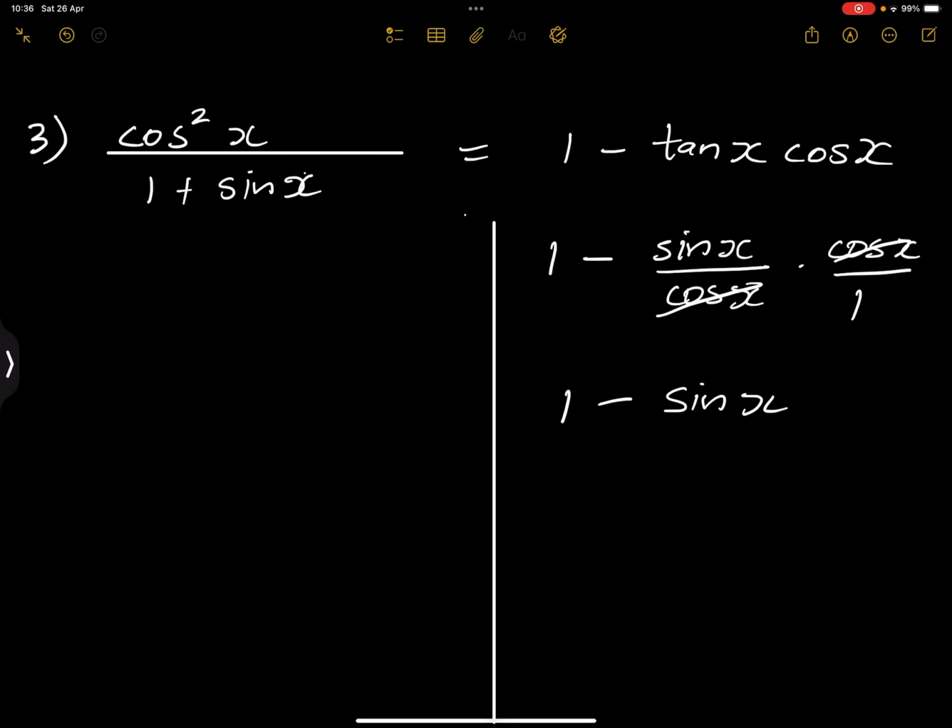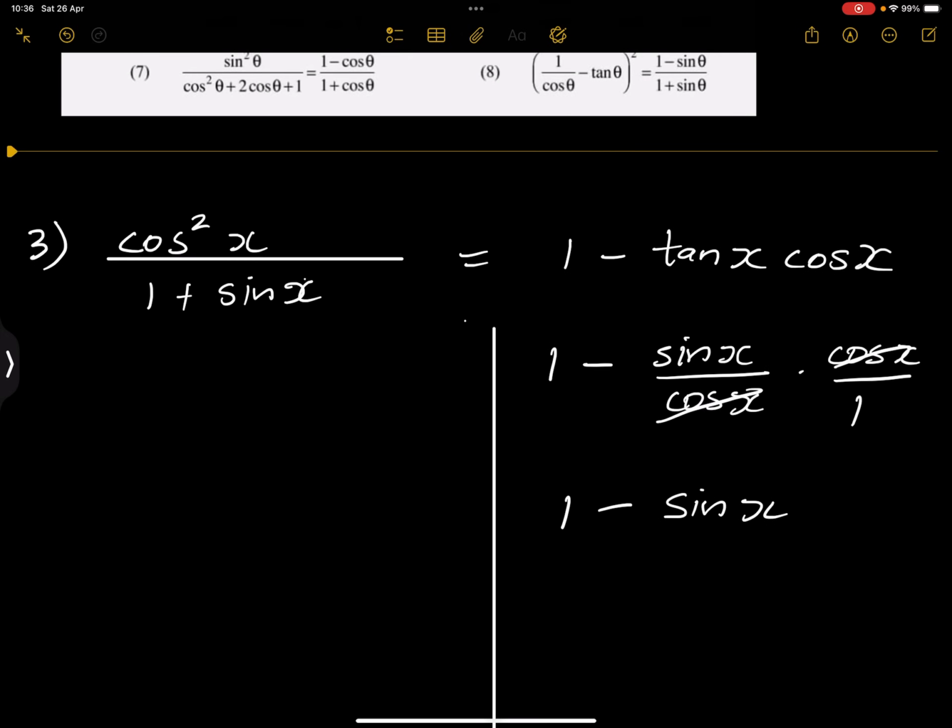Now, the left-hand side does not look anything like the right-hand side. So what can we do on the left-hand side? We've got cos squared, and we want to convert that into something that has sine of x. Remember our square identity: we can convert this into 1 minus sine squared of x.